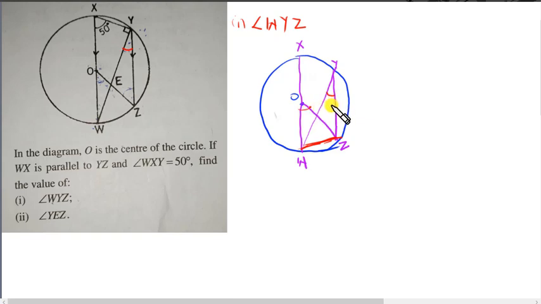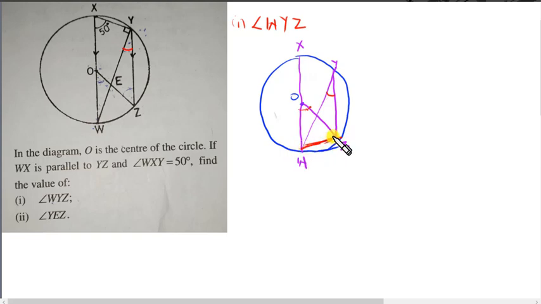Now, one of the theorems of circles says that if you want to find the angle here, and you know the angle at the center, then you take half of the angle at the center. That is the angle subtended by a chord.